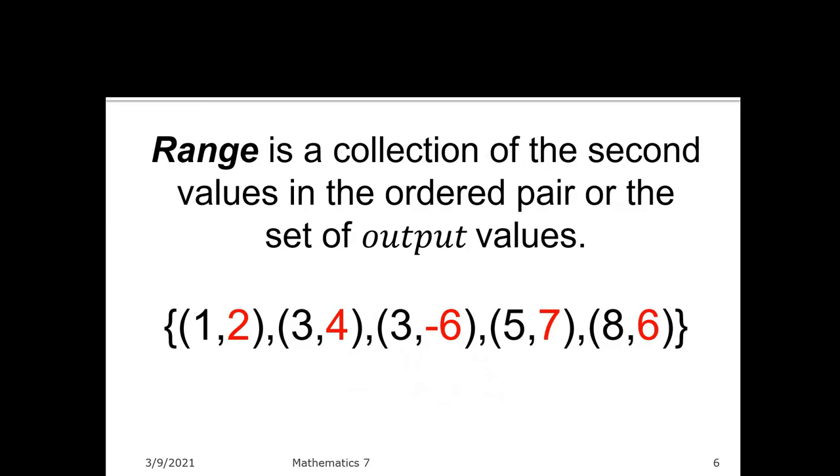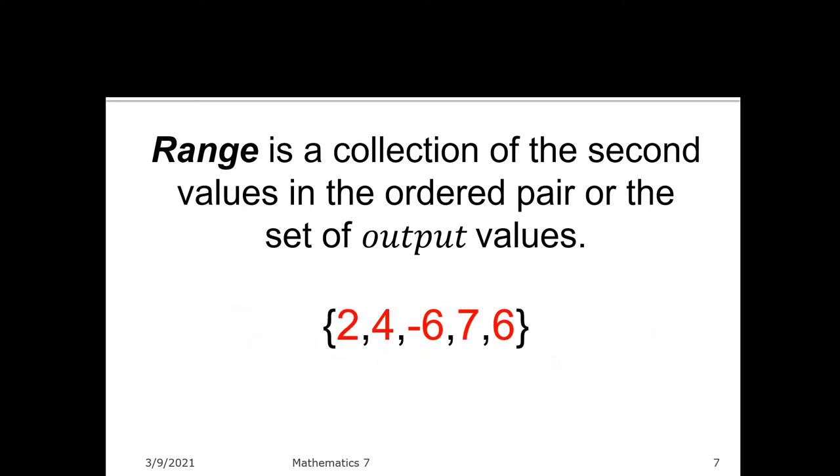The output values are called the range. It's a collection of the second values. In our example, we have 2, 4, -6, 7, and 6. In this case, the second values are not repeated, so we list down everything.